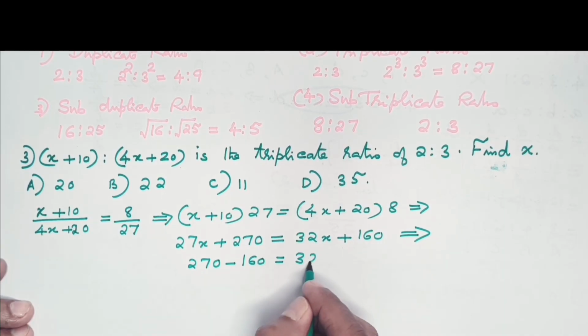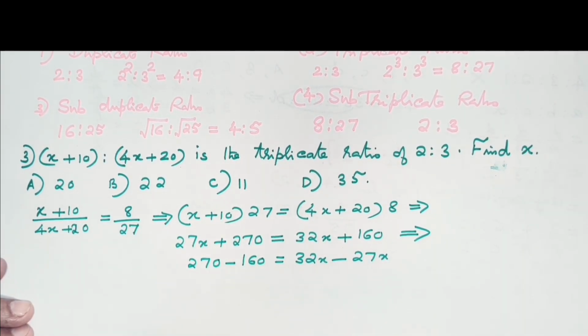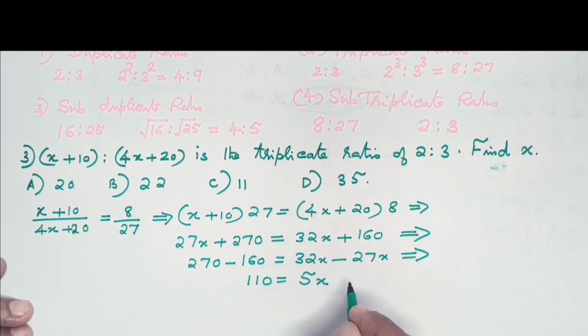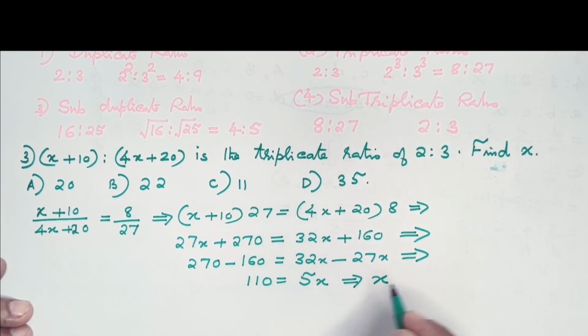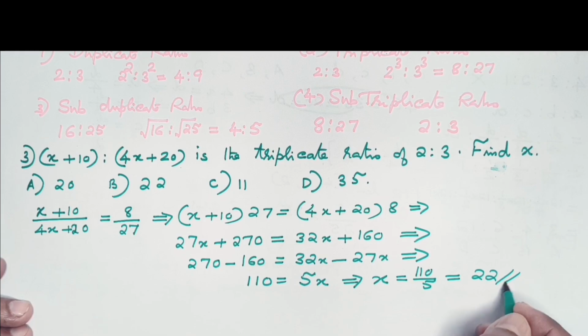Then 32x you write here. Take 27x to the right side. Plus becomes minus. 32x minus 27x, 5x. 270 minus 160, 110. So take 5 to the left side. So x will be 110 divided by 5, which is 22. And that is the second option.